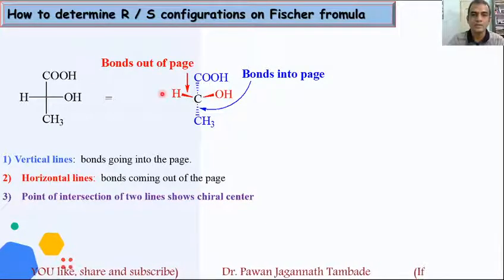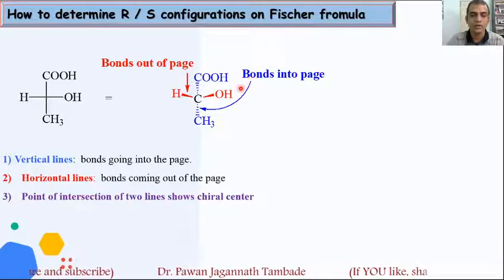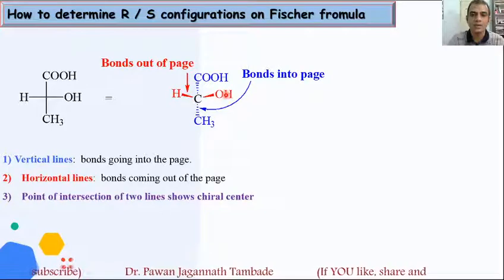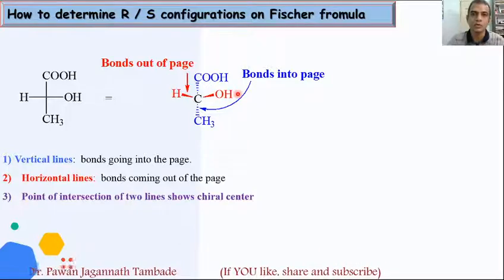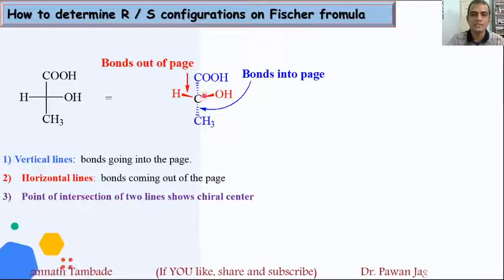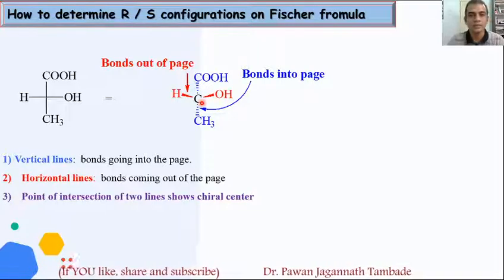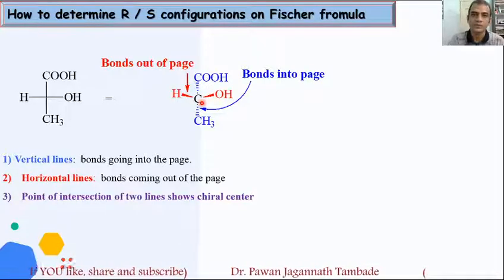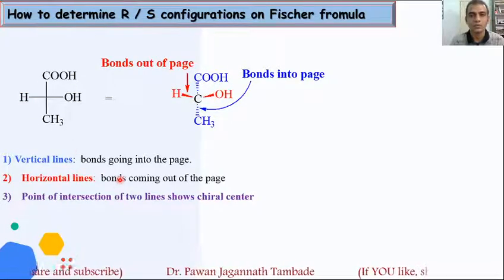So if you look at this structure, this is a simplified Fischer projection formula, where you can see that this hydrogen and OH, which are shown in red color, which are present on the horizontal line, are coming towards the observer, and these COOH and CH3, which are present on the vertical line, are going into the page, that is away from the observer. So this is how a Fischer projection formula can be read.